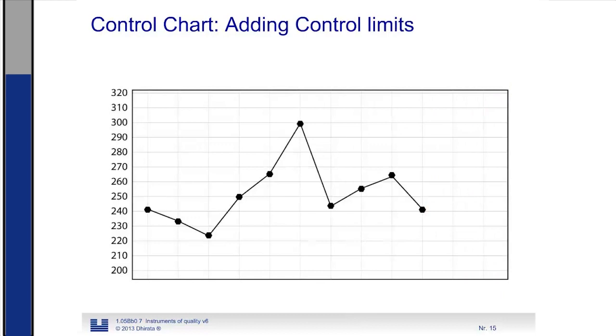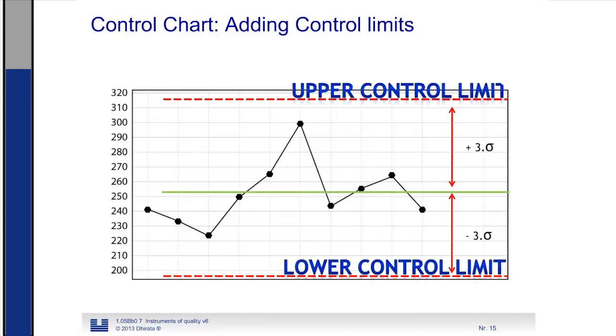We now draw lines on the charts that we have just created. Our run chart is reshaped into a control chart. First, we take above and below the average a distance of 3 standard deviations. These are the red lines, and these lines are respectively the upper control limit and the lower control limit. We know that over 99% of all the measurements will fall between these two limits.